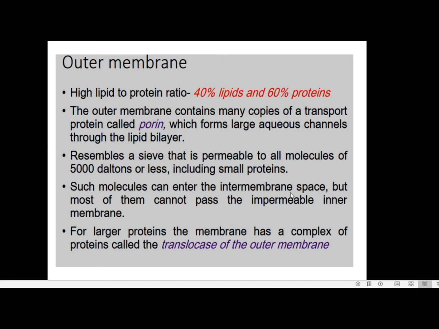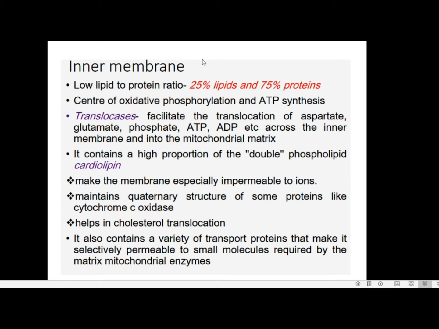Whether they go further into the mitochondrial matrix is determined by the permeability of the inner membrane. Likewise, the outer membrane also contains larger transport proteins which are called translocases, which also help in allowing larger molecules to pass through. The inner membrane is the center for oxidative phosphorylation and ATP synthesis.